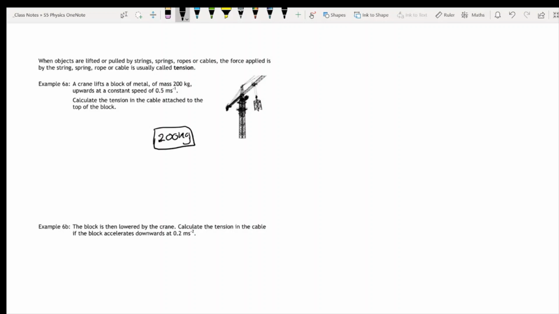We've got a force upwards by the cable, which we'll call T for tension. And we've got, obviously, its weight downwards. Mass times gravitational field strength. So 200 times 9.8, which is 1,960 newtons.